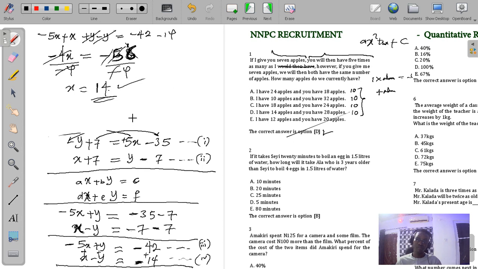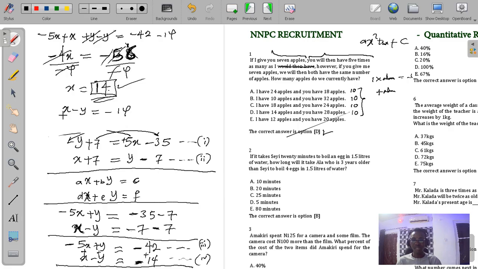Get that logic? Now that I have 14 apples, how will I get the number of apples that you have? I don't need to use the statement which says if I give you 7 apples. It is still the same expression. I can pick any one of these. If I decide to pick the second equation, x minus y equals to minus 14, you substitute the value for x.